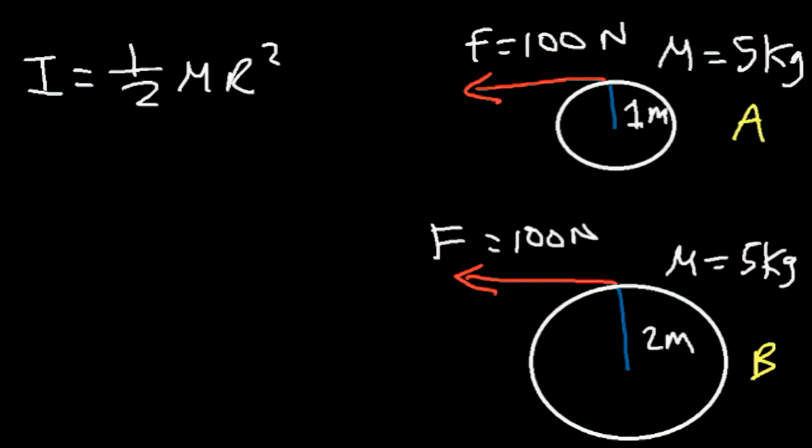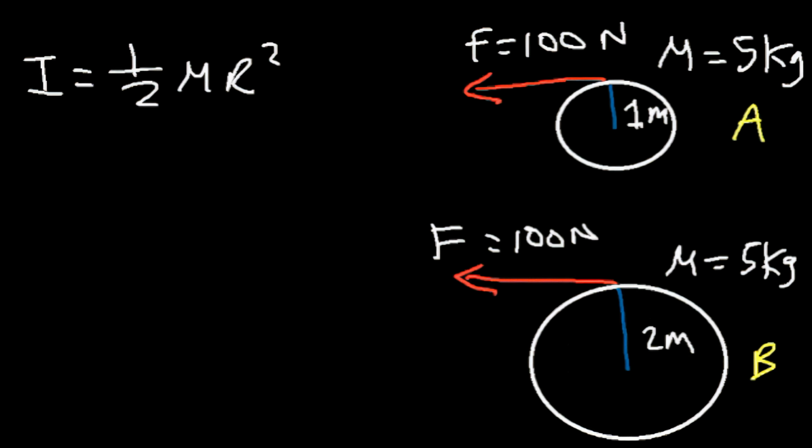Now disk B should have a larger inertia value because the disk is larger, so the mass is further away from the axis of rotation. If the center of mass here was around this circle, the center of mass there would probably be around this circle, which is closer to the axis of rotation.